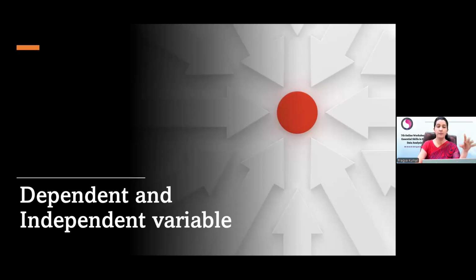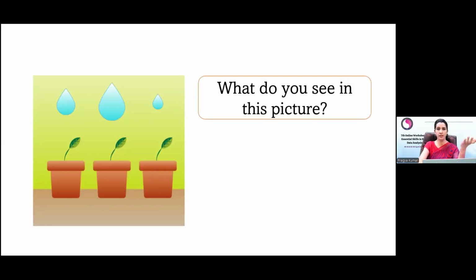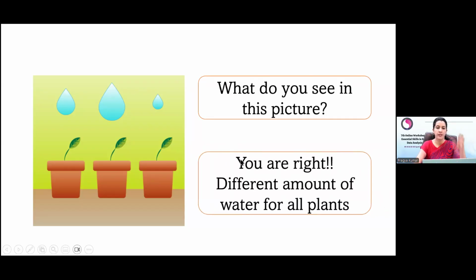Now there is something known as the dependent and independent variable. I know that most of you know this, but just to revise once again. So in this picture, what can you see? Here you can see there are 3 water drops, one of a smaller size and one of a bigger size, and then these are the 3 pots with a single-leaf plant.